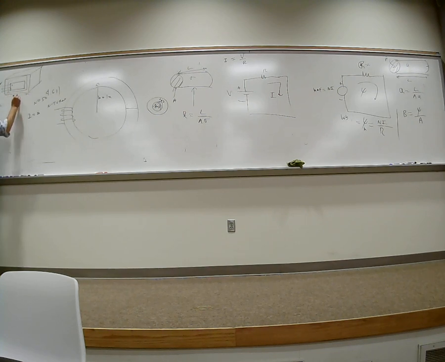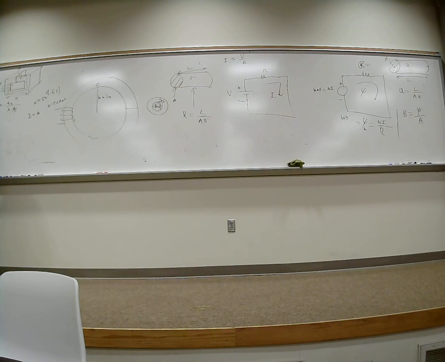Let's make it simple: call this A and call the height A, so the total length is 4A. This has a cross-sectional area right here of A, so it's divided by A and divided by mu. Now that's the reluctance of the solid block.